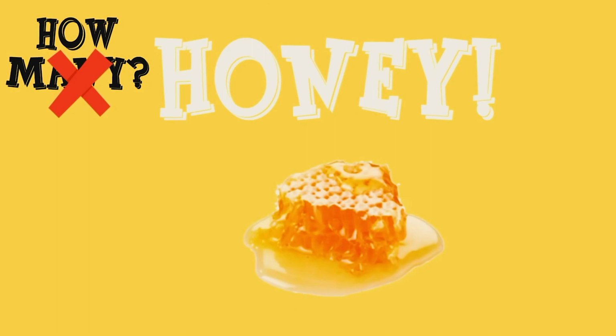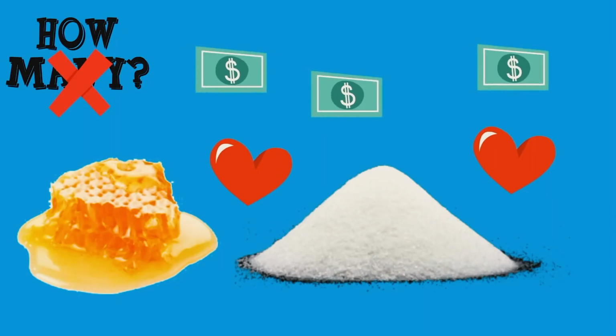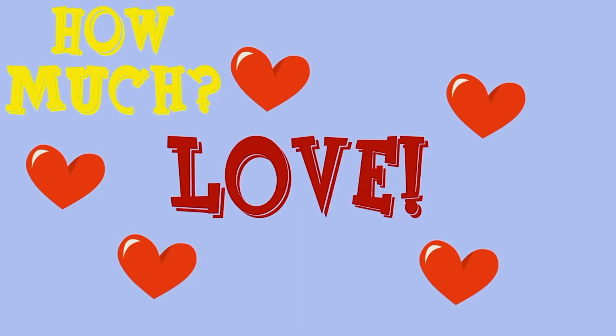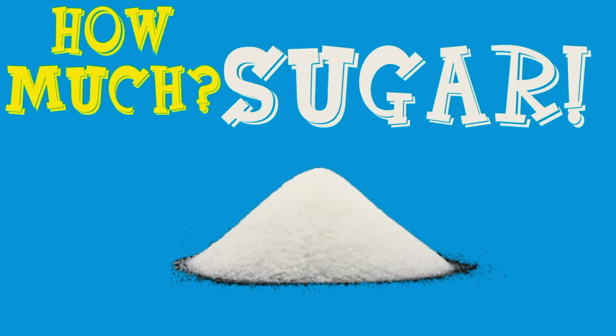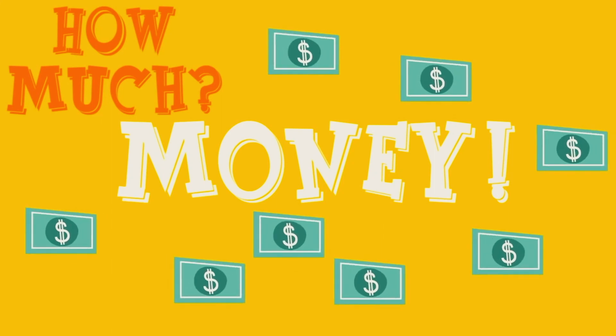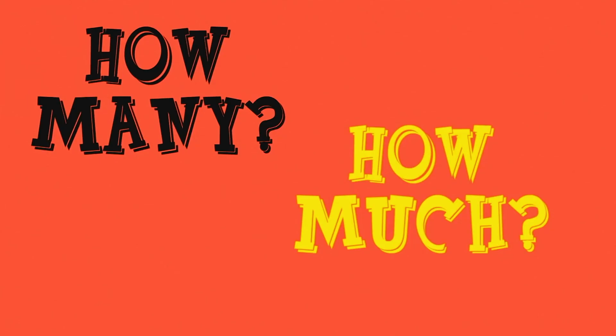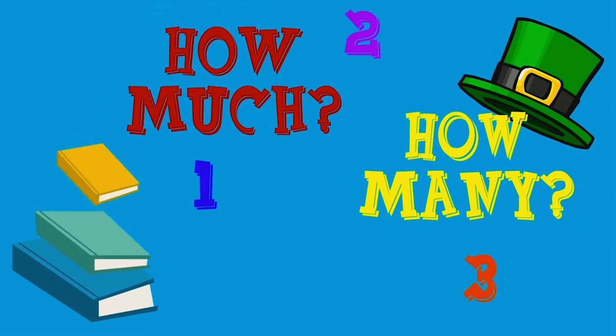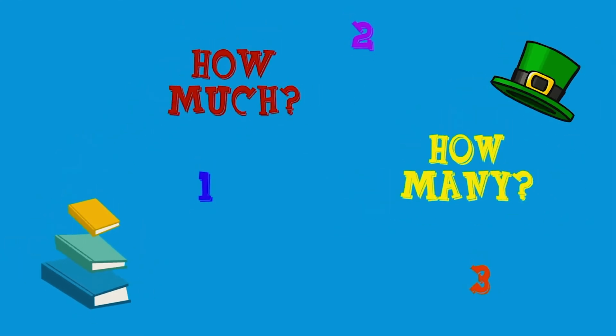Honey, I hear you saying, no, I can't. So you make the question with how much love do you feel? How much sugar do you put? How much honey do you eat? How much money do you spend? Are the questions that depend. That's the way this lesson ends.